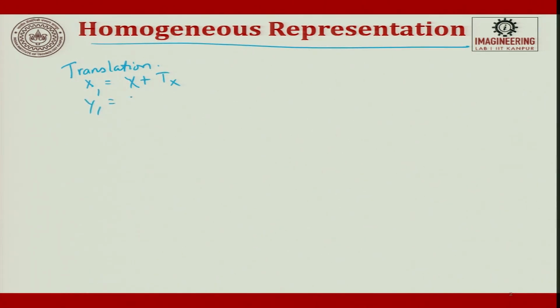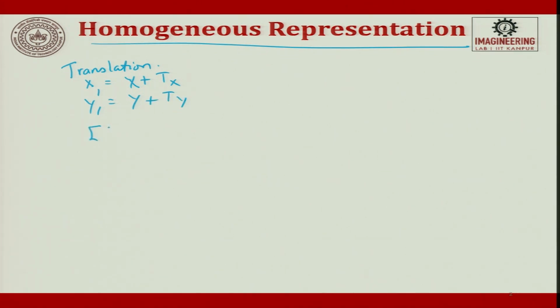So let us look into the homogeneous matrix representation, whatever we have studied till now on various operations. Translation is nothing but x star equals x plus tx, y star equals y plus ty.